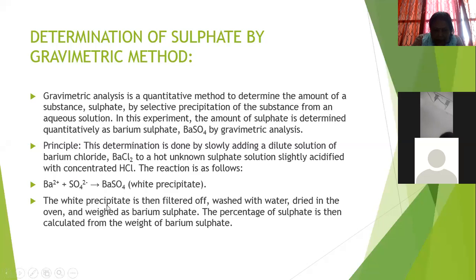And this white precipitate should be filtered off, washed repeatedly with distilled water, dried in the oven and weighed as barium sulfate. The percentage of sulfate is then calculated from the weight of the barium sulfate. So this is important, but it is an easy method.